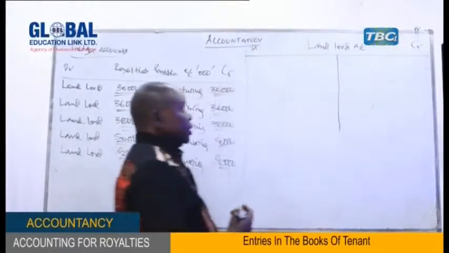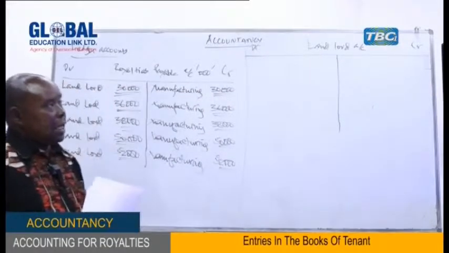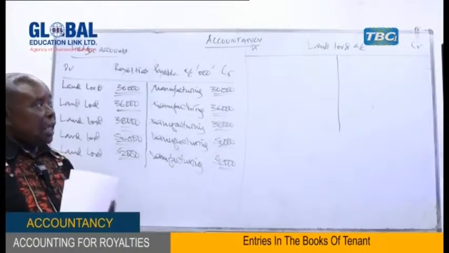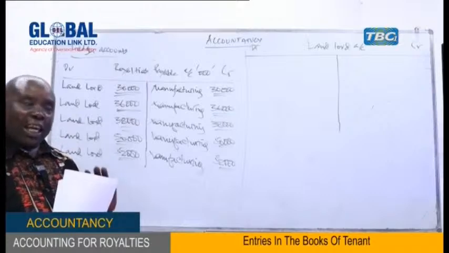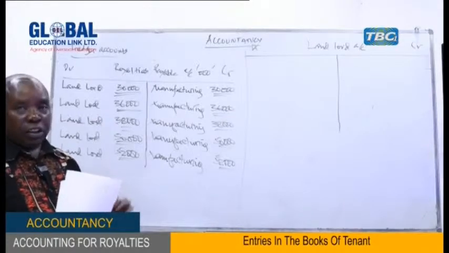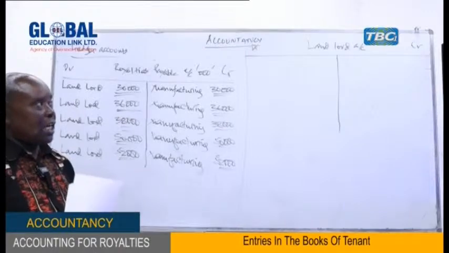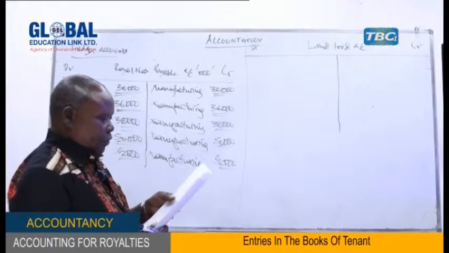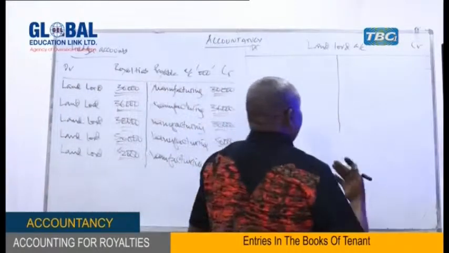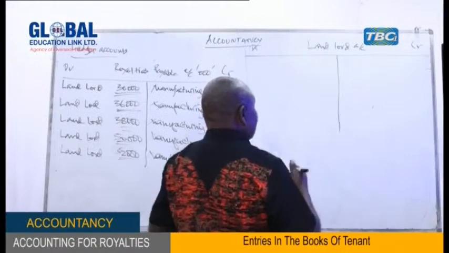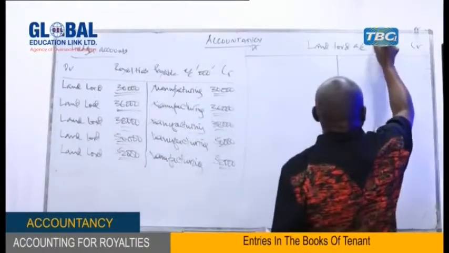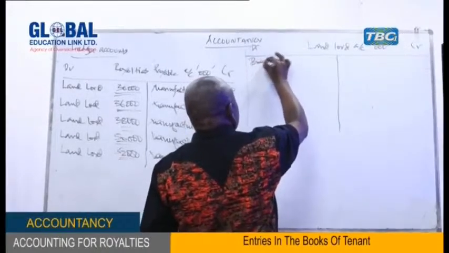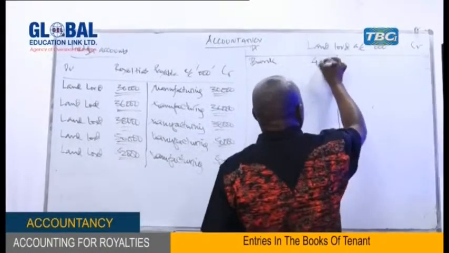Now, in this landlord account, we have bank account entry, we have royalties actual and short workings, either recoup or loss for that year. So let's start with the year 2015. The amount which we paid the landlord was 40. So also in terms of thousand. So bank 40.